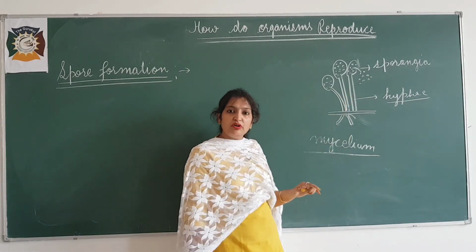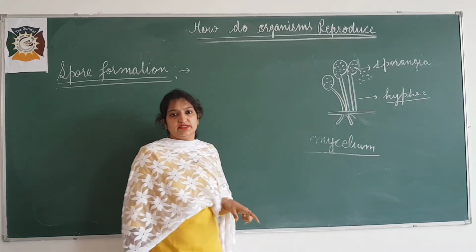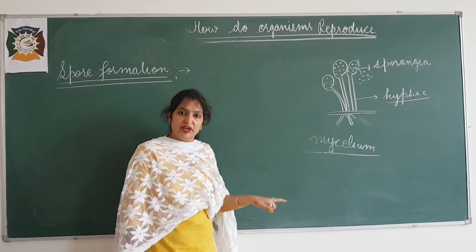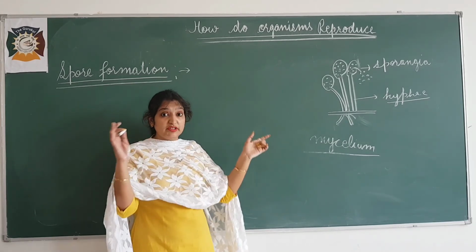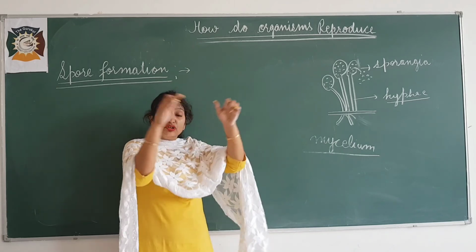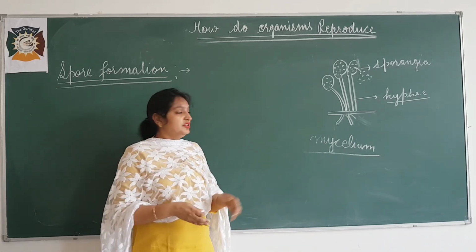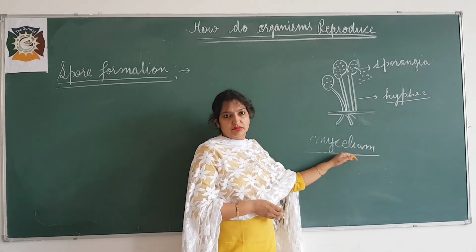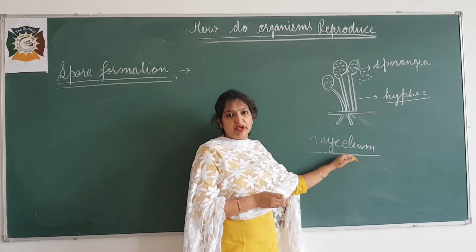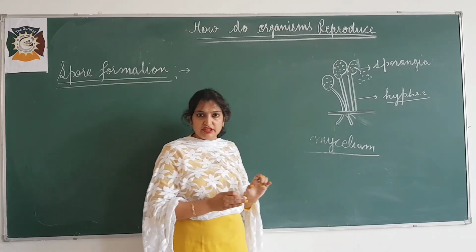Each spore forms a new thread-like structure that is known as hyphae. So बहुत सारे स्पोर्स बहुत सारी हाइफी बनाएंगे. सो नेटवर्क ऑफ हाइफी इज नोन एज माइसीलियम. वो नेटवर्क ऑफ हाइफी को हम क्या बोलेंगे? माइसीलियम. इज इट क्लियर बेटा?